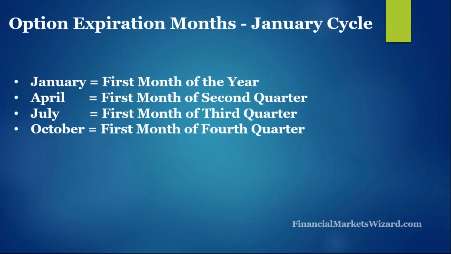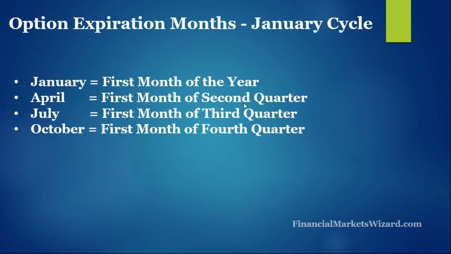If the option cycle is January, then this is what happens. January is the first month of the year. Then the other 3 months which can be assigned are April, July, and October.